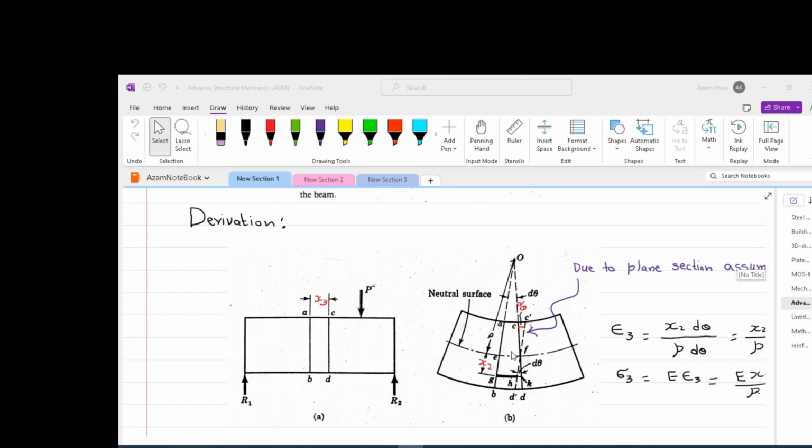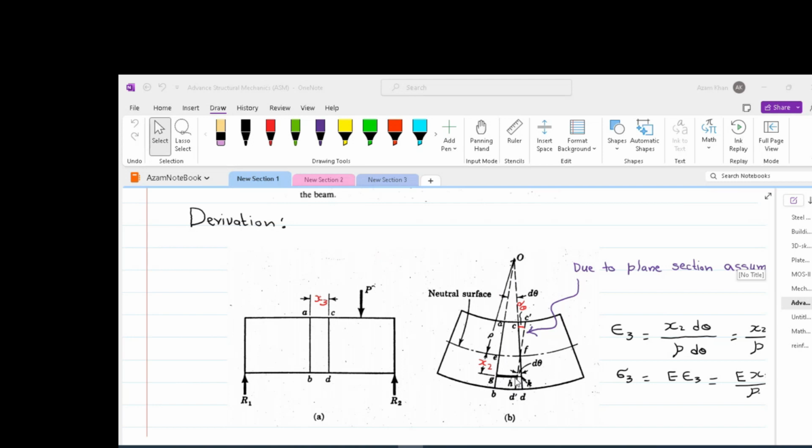That makes the angle subtended between OE and OF, d theta, equal to the angle between F D prime and D. We assume that the GH fiber is extended by HK.